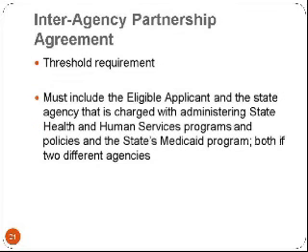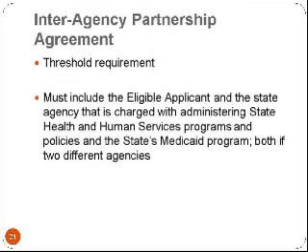Okay, so I sort of brought this up already, but the interagency partnership agreement is a threshold requirement for the application. It's in the statute as well as the NOFA. So applications have to have this, and there's a 40-page narrative application that your state housing agencies and your state health and human services and Medicaid agencies are writing, and they have to talk about how they're going to implement this interagency partnership agreement.